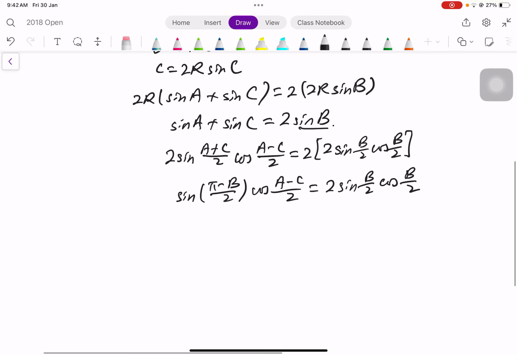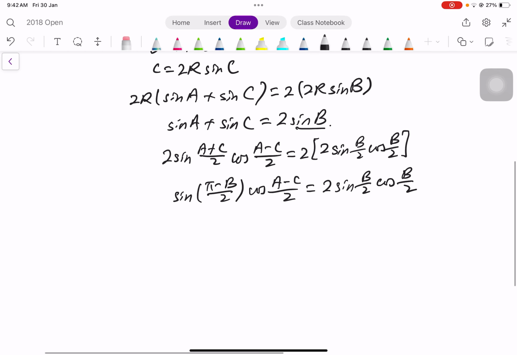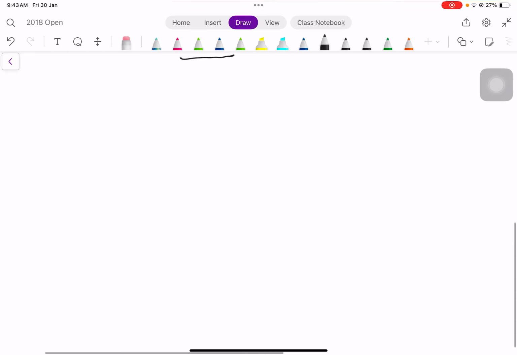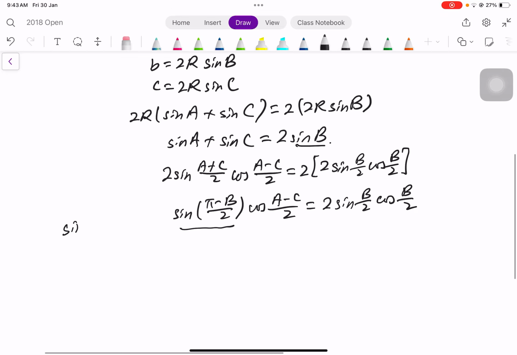Sine of pi over 2 minus B over 2 is cosine B over 2.